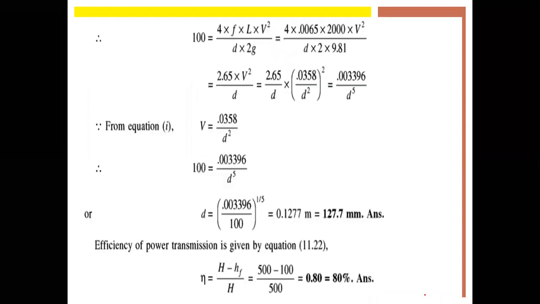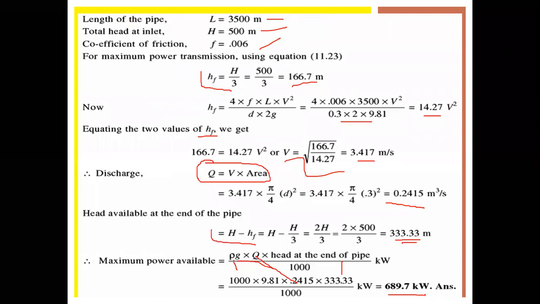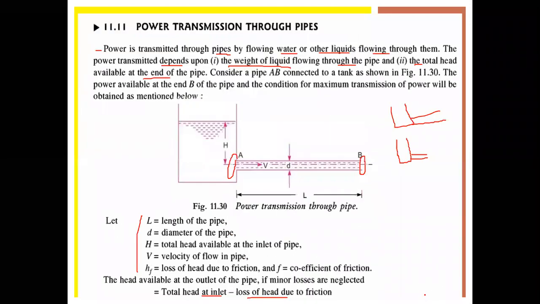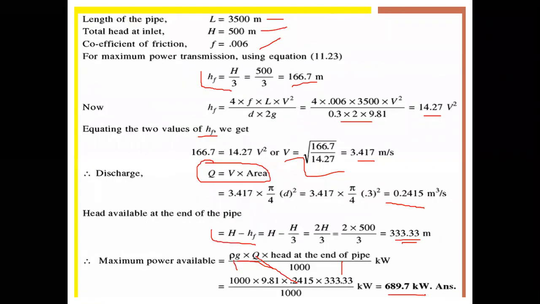The time is less, so we'll discuss one more problem and then go to the other topic. Hope you understood the power transmission concept. After having free time, just see what happened in this lecture.